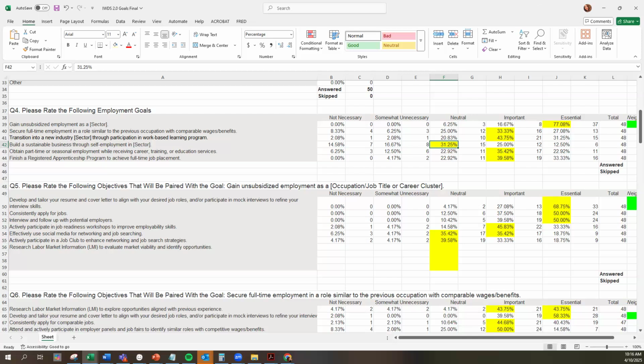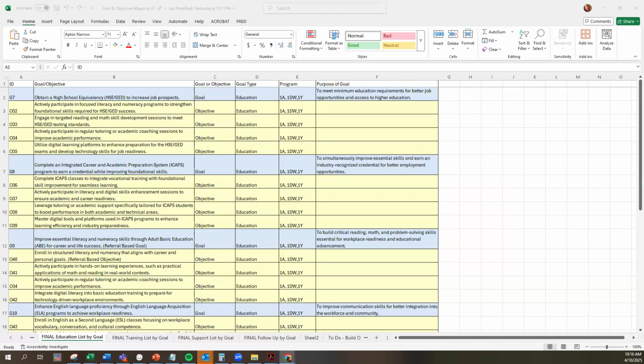We do want to maintain those in the presets for the handful of customers the LWIAs are getting to be able to support with those kinds of goals, even though you might not get a lot of people who come in and want to start their own business. That is an option, so we want to have that preset there to be able to pick from. And we also had some comments that some of these goals and objectives were very specific. So in some instances, we did go in and tweak them a little bit to be less specific.